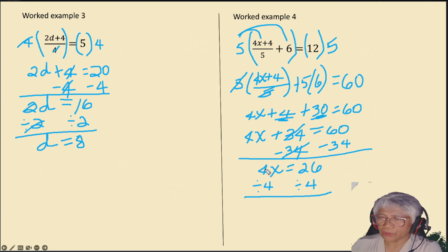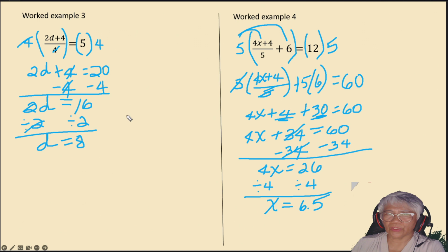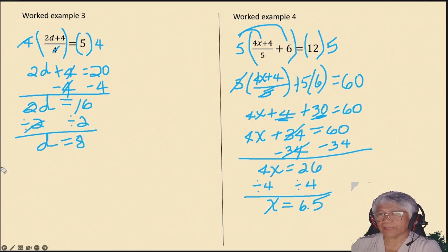So 4 divided by 4 is 1, and then 1x or simply x is equal to 26 divided by 4 is 6.5. It's done. So we have considered examples 1, 2, 3, and 4.